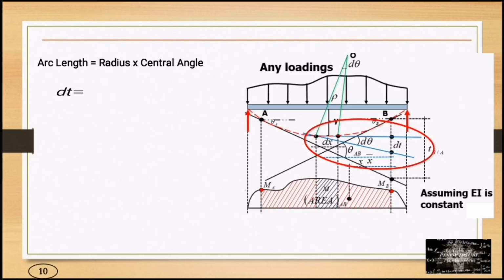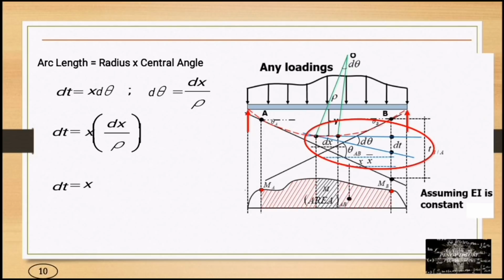So we have dt is equal to x times d theta. d theta is equal to dx over rho. dt is equal to x times dx over rho, or x times 1 over rho times dx. dt is equal to x times 1 over EI times dx.